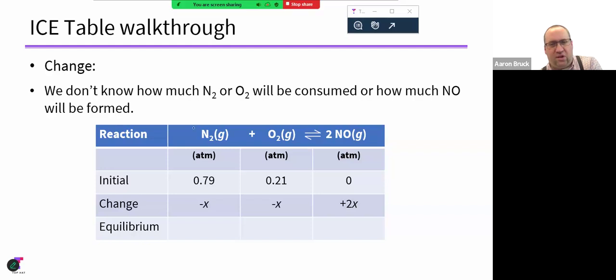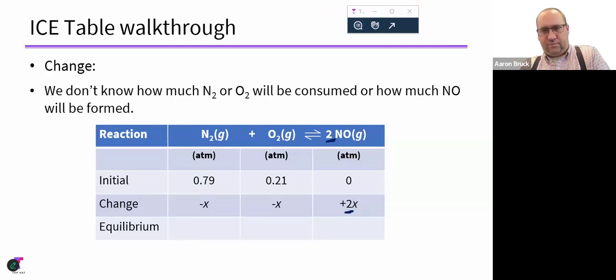So based on the stoichiometry, I'm going to lose 1 part nitrogen and 1 part oxygen, and I'm going to gain 2 parts nitrogen monoxide, because the 2 in the balanced equation tells me that the nitrogen monoxide is going to form at double speed compared to the reactants. And so that's what this change line is all about.